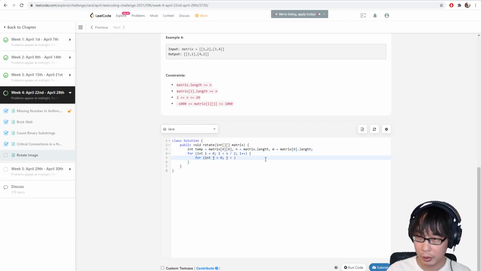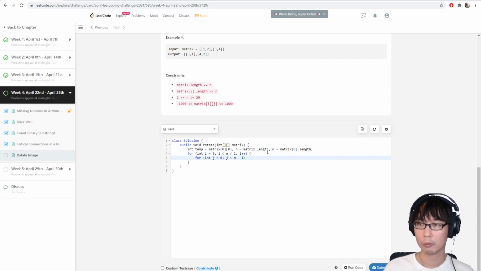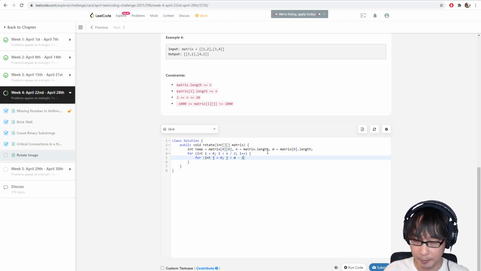Okay, so then j could be this, and j less than or equal to m minus 1, right? j plus plus.